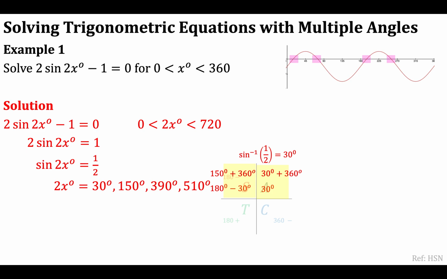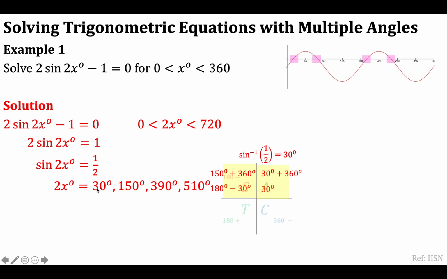So I have 4 answers here, and if we look, all of the answers are lying between 0 and 720, because remember I was solving for 2x, so 2x lies between 0 and 720. If I had to add another 360 onto this, that would get me 750. So I would be out with the range, my answers would be too big.